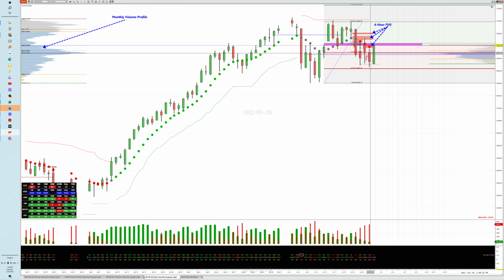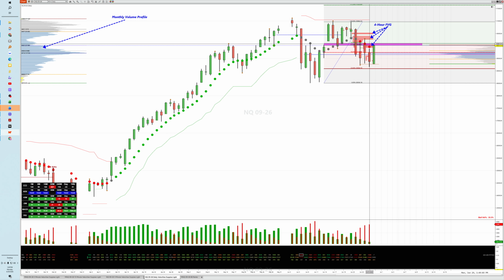But what I see here is that we've got a 4-hour fair value gap on this daily chart, and we also have what's referred to by some as the golden pocket. That's between the price going from here up to here, and it's pulled down into the discount area below the 50% fib, and you can see it's already mitigated a 4-hour fair value gap right here on its way up.